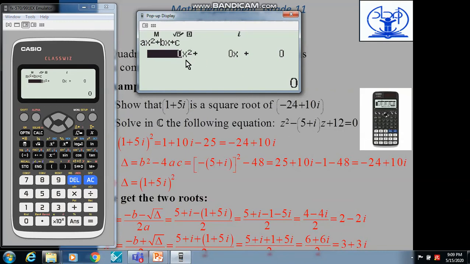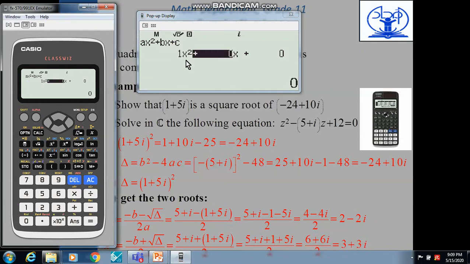I fill the coefficients. Here I have 1, and the coefficient of x is minus (5 plus i). I cannot put i, so the calculator is not able to solve this equation when the coefficients are complex. But we can try another method.